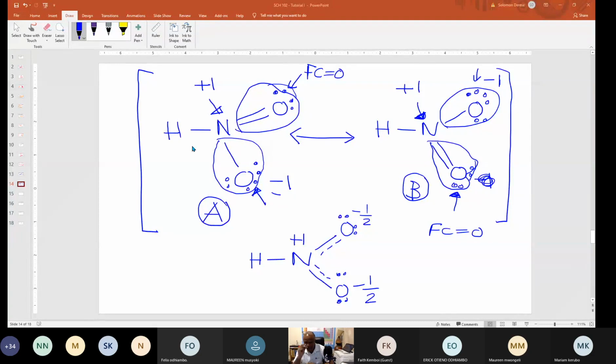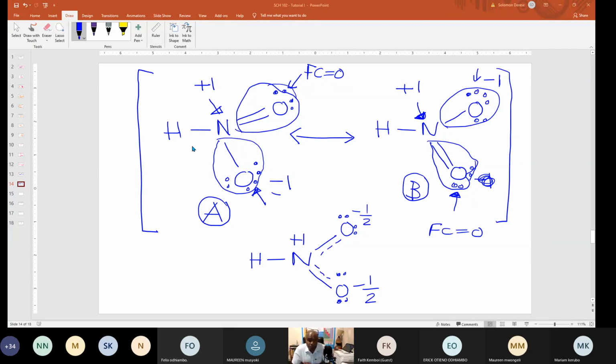So drawing resonance structures, you have to follow the steps in drawing the Lewis structure. Let me just say you draw the Lewis structure, for example, for HNO2. As we were drawing the Lewis structure, we reached a point where we have possibilities. So resonance came in.